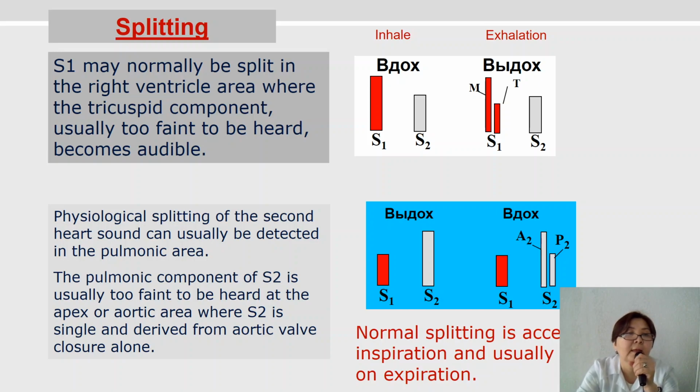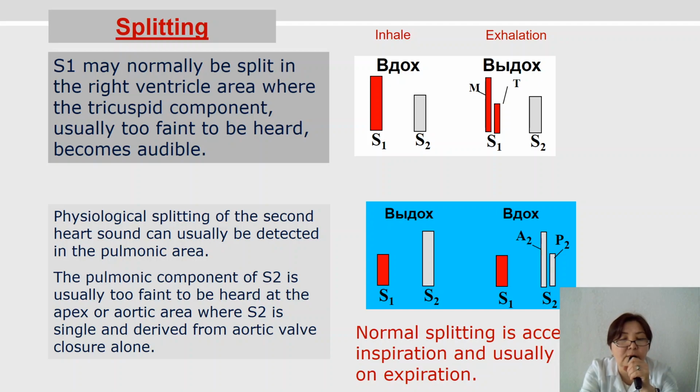Splitting. S1 may normally be split in the right ventricle area where the tricuspid component, usually too faint to be heard, becomes audible. Physiological splitting of the second heart sound can usually be detected in the pulmonic area.